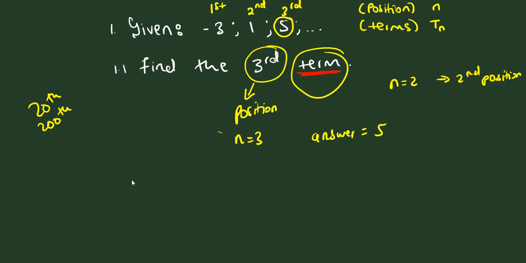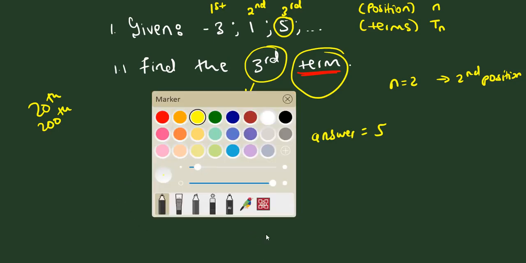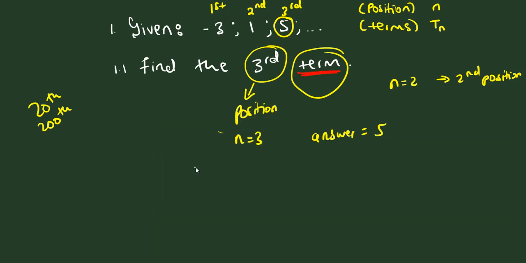So how do we find the general term? You say my pattern is -3, 1, 5, and so on. Now you say right minus left, like I always say: 1 minus -3 gives you 4, and 5 minus 1 gives you 4. Once this number is repeating itself, or the first differences are constant like this, it means this is an arithmetic number pattern.